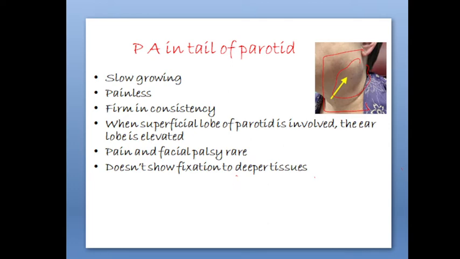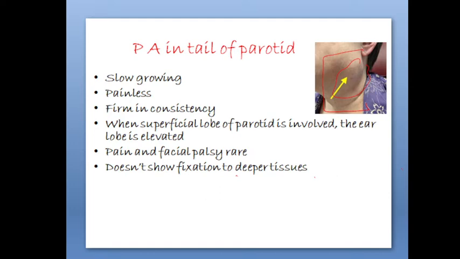Clinical features of pleomorphic adenoma in the tail of the parotid: they are gradual, slow growing in size, they are asymptomatic, they are firm in consistency, they cause elevation of the earlobe, pain and facial neuralgia are very rare, and they don't show fixation to deeper structures.